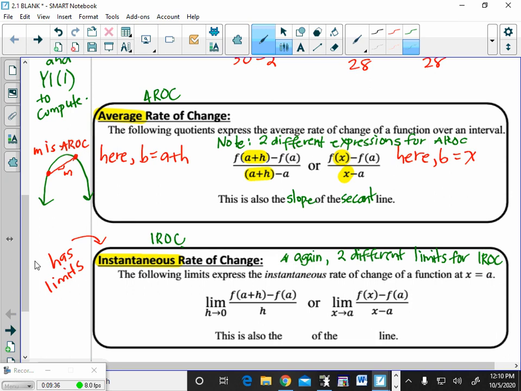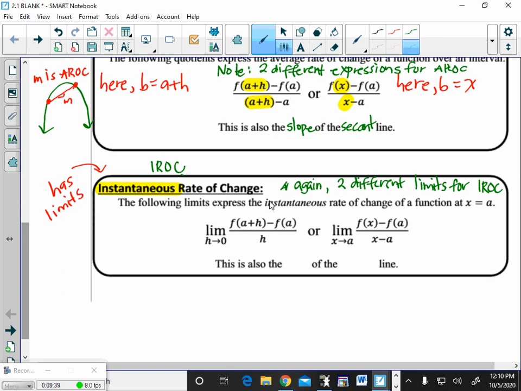Okay, so what do we notice? This denominator, h, note, I'll put a little note here. Let me change colors. Little star here and a little star here. The other denominator was a plus h all minus a, which is a plus h minus a. And then when you cancel those a's out, you have h.